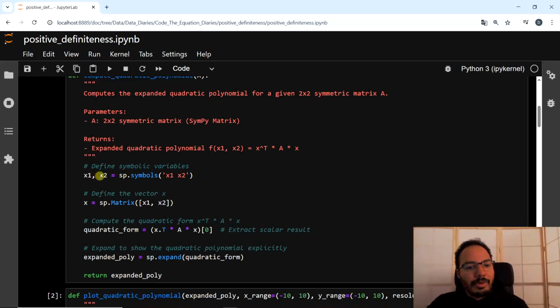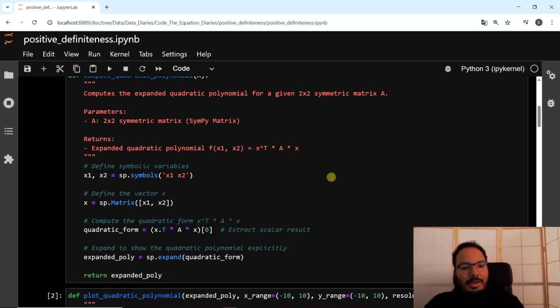And then we define that the vector x consists of x1 and x2. And just compute x transpose Ax with this over here. And to expand it, we use this function, just sp.expand. The quadratic form, and we get the expanded polynomial, which we return in this function.